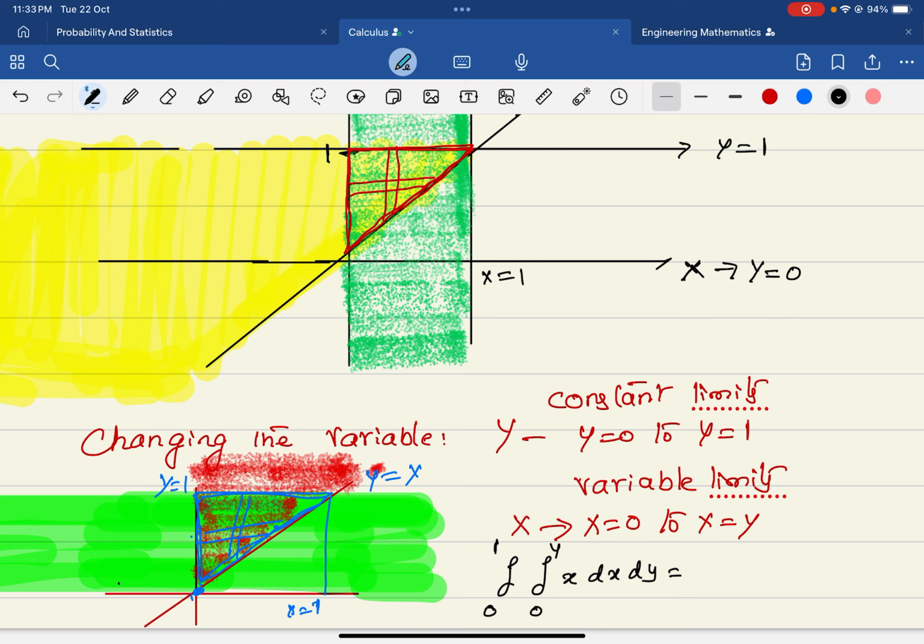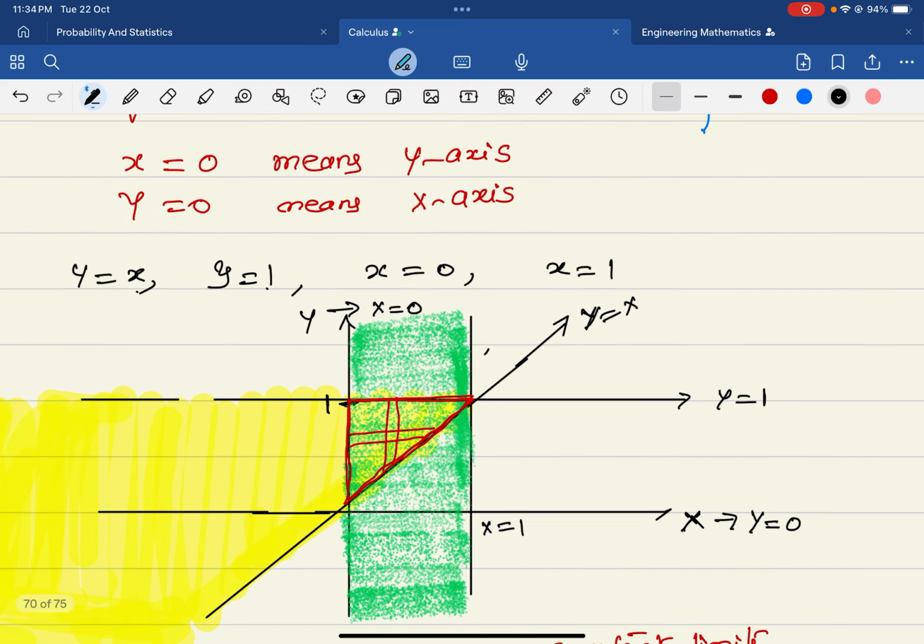When you solve this integral, x dx is x square by 2 within the limits 0 to y, and 0 to 1 dy. Now the upper limit gives y square by 2, which means y cube by 6 within the limits 0 to 1. So the value is 1 by 6. So this is the value of the integral.